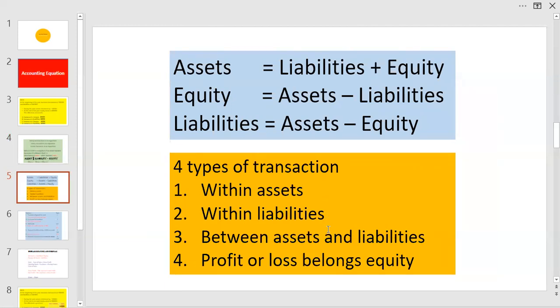Third, between assets and liabilities. So, one asset may go up, same way a liability will go up. One asset may come down, liabilities will come down. Fourth one, profit or loss belongs to equity only. Always it is so.